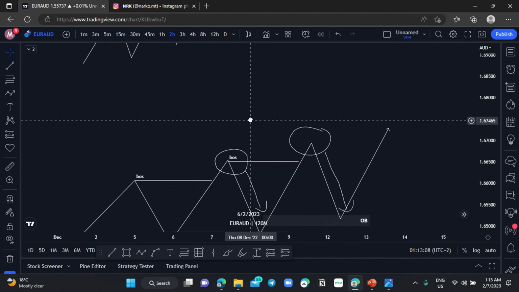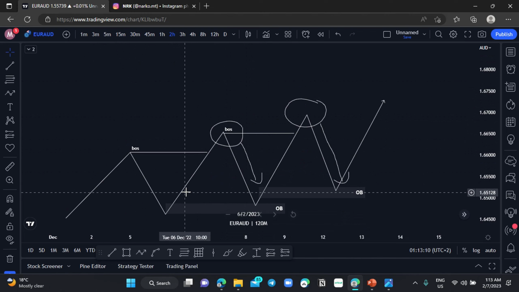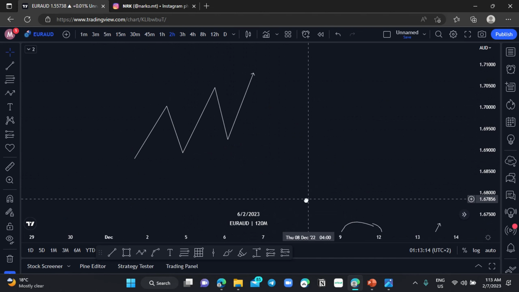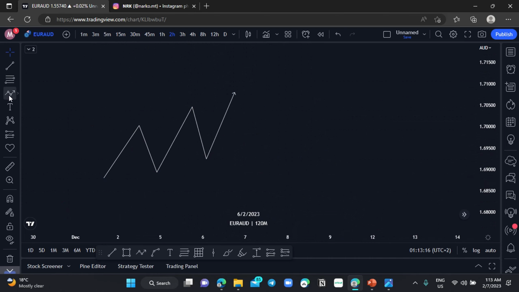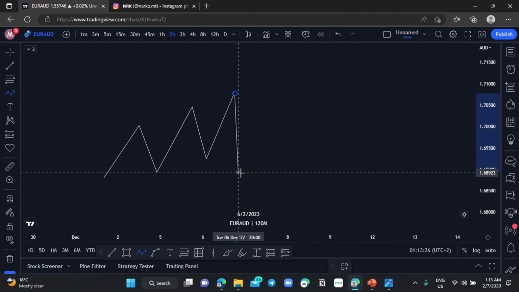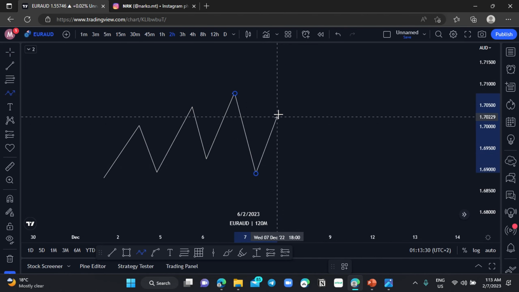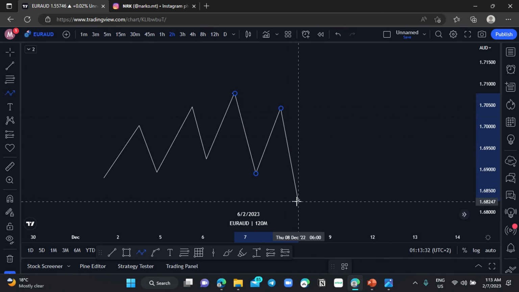Okay, so for us to change from a bullish trend to a bearish trend, we need something called a change of character. Since we're in a bullish trend like this, we're going to look for a violation of the higher low here. We're going to look for a break of our higher low, and a change of character will be formed.